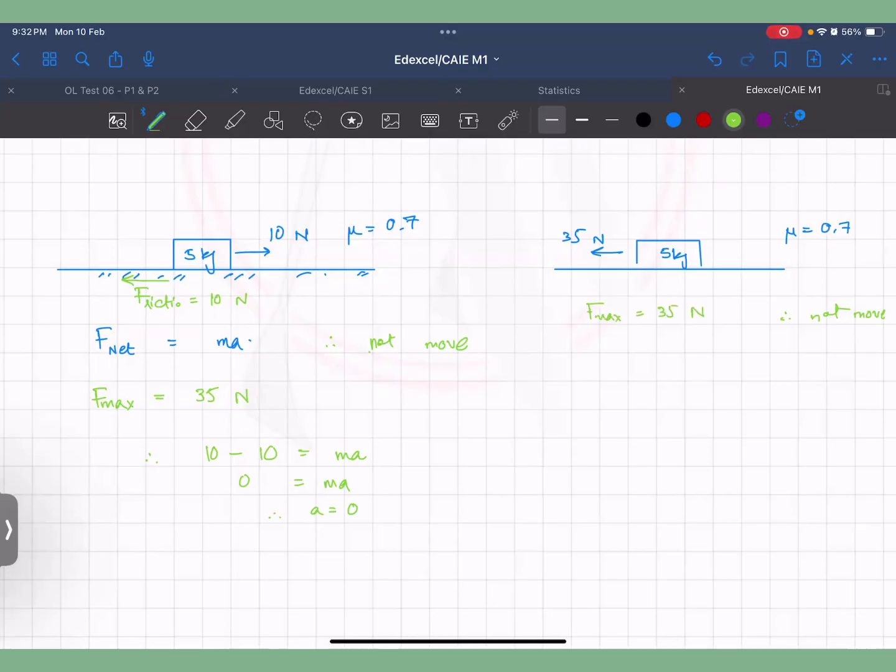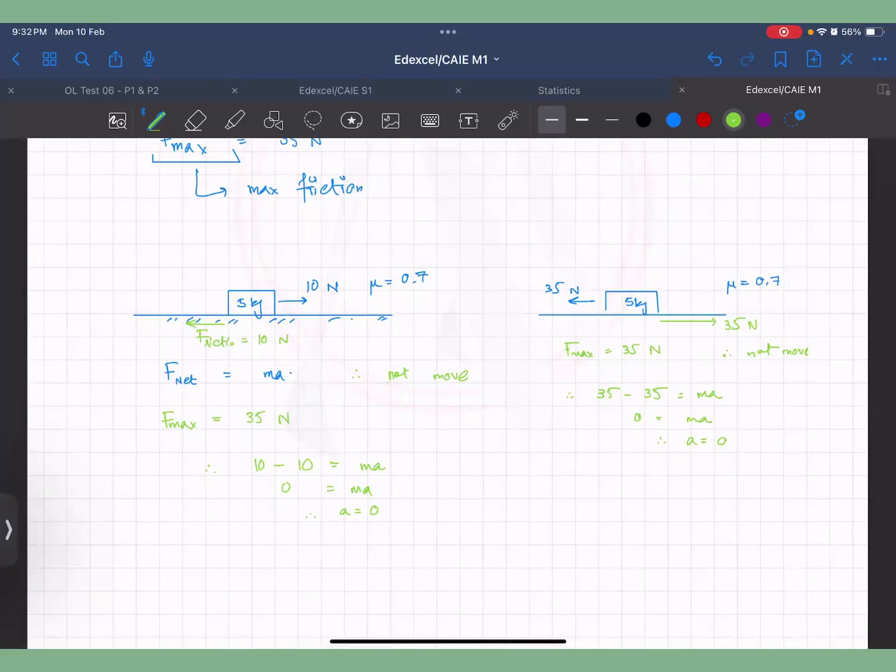And this 35 Newton friction can now be exerted between the object and the surface to the other side, in such a way that 35 minus 35 becomes 0. So again you get an acceleration of 0. The object would not move. Do you get this thing?